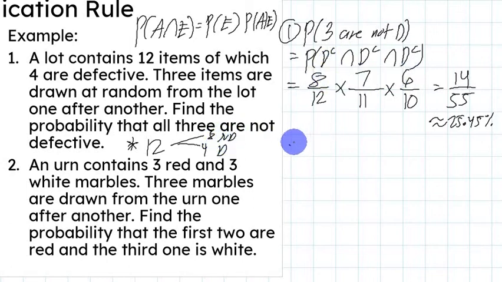So another way of writing it would be the permutation of taking 3 out of 8 in order, over taking 3 out of 12 in order. So the probability above by the multiplication rule can also be expressed as the permutation of 8 taken 3 divided by the permutation of 12 taken 3, which will give you the exact same result. Try number 2 and see if you'll be able to find the answer on your own.